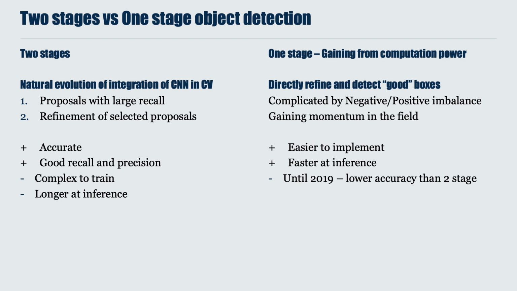The two-stage detectors are actually a very natural evolution of the slow integration of convolutional networks in the computer vision world.